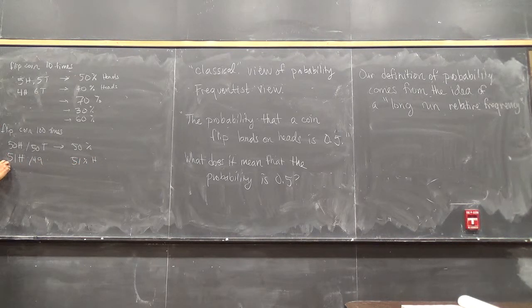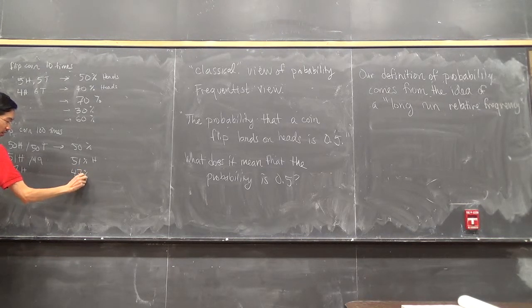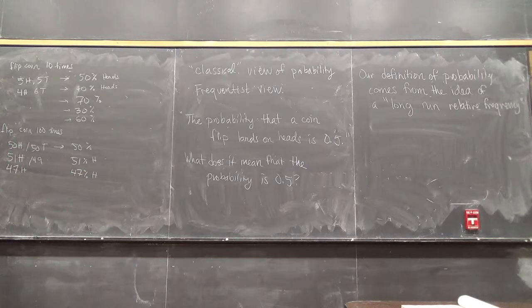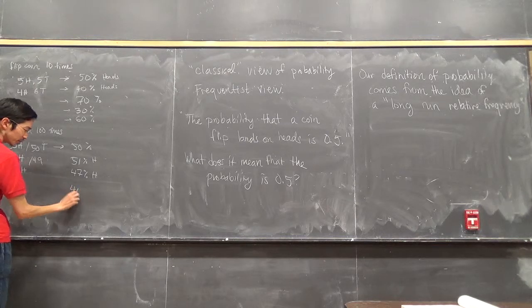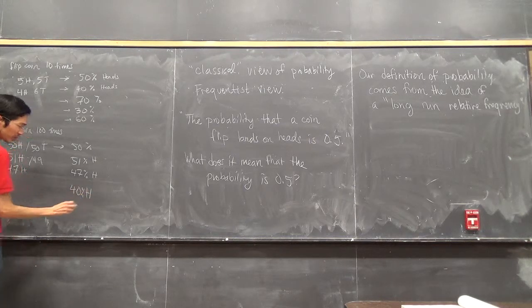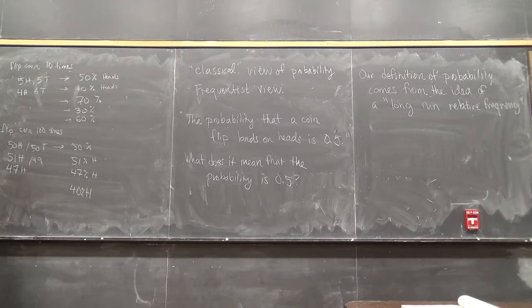I could see 47 heads, things like that. What about 40% heads? How often will I see 40% heads? Not very often, but it's possible. What about 30% heads? Very unlikely.